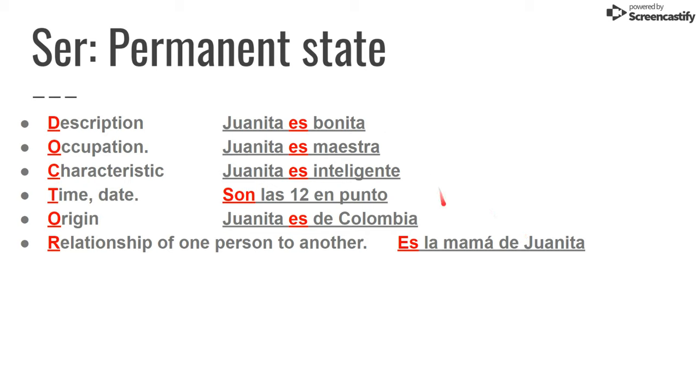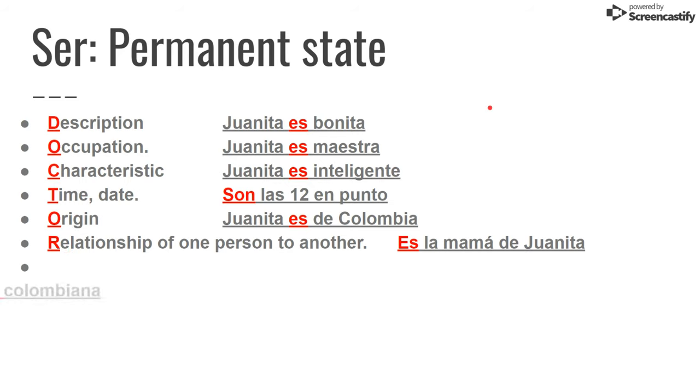All these are permanent states. They don't change. Juanita's mom is always going to be her mom. Juanita is pretty. She's always going to be pretty. She's always going to be a teacher. Those are permanent states. So we can remember DOCTOR to remember in what cases we use ser.